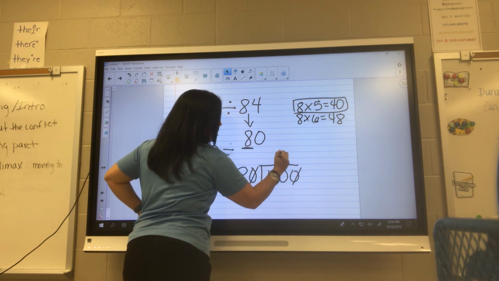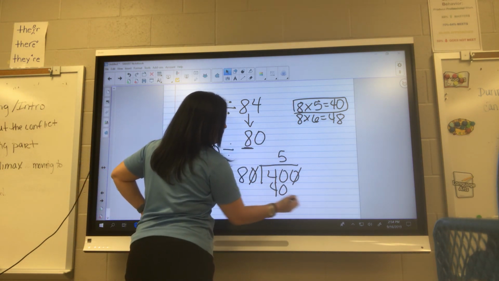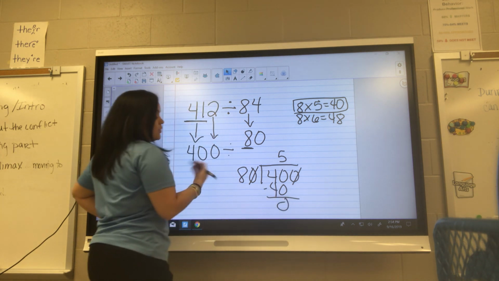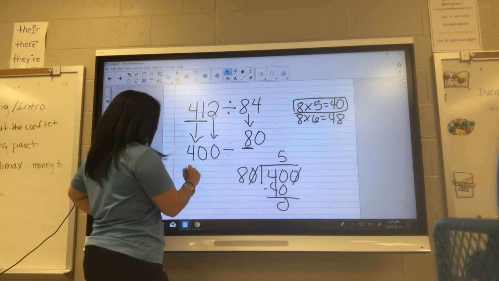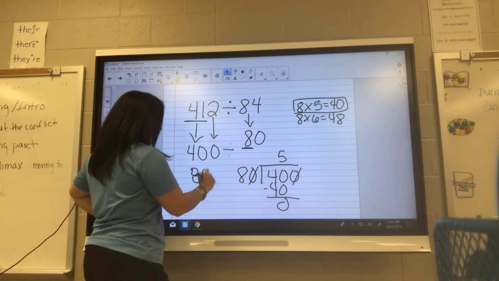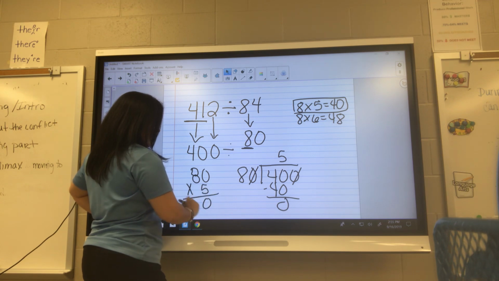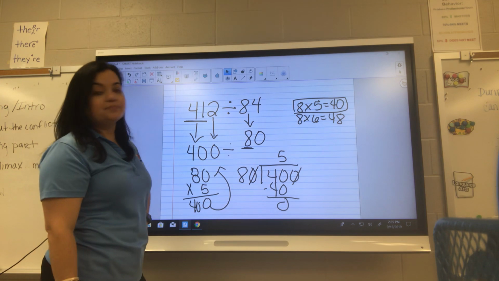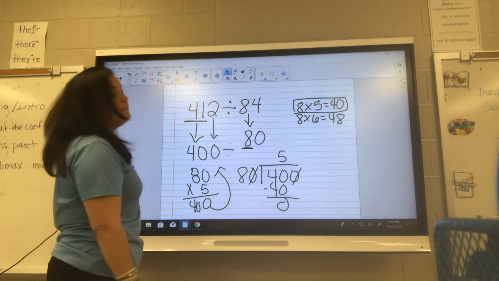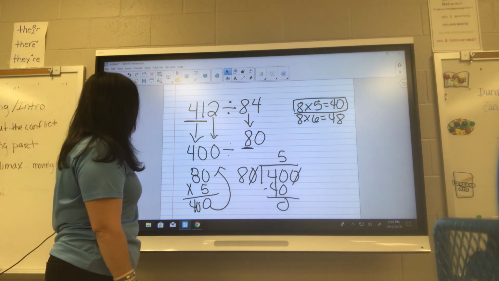We know that it is 5, and we are done. The way that we can check it is we get our divisor and our quotient, which is our answer, and we can get the original answer. Okay, that's example number 1.